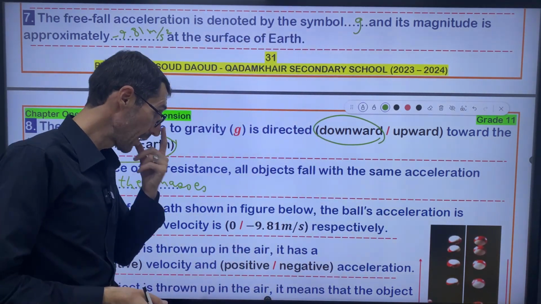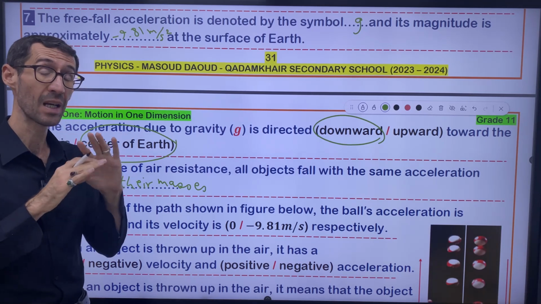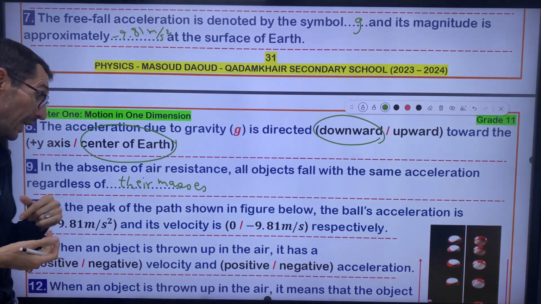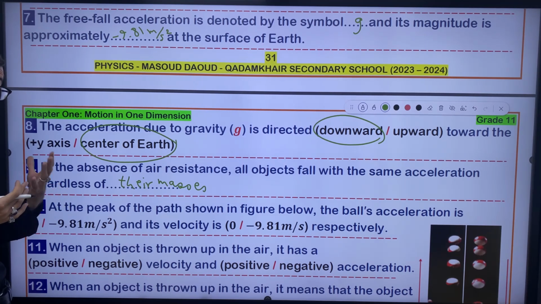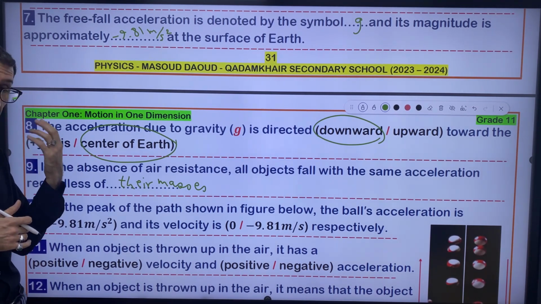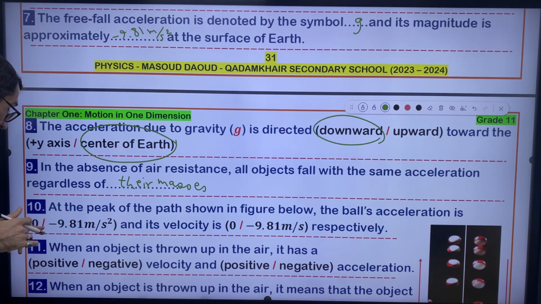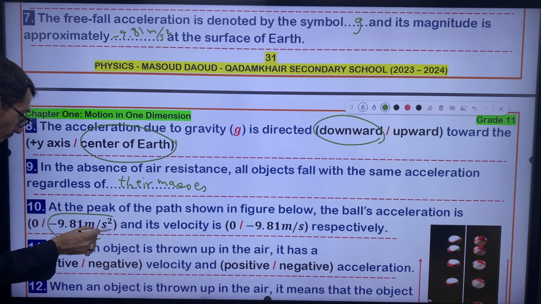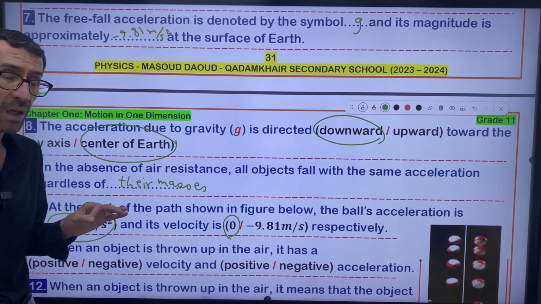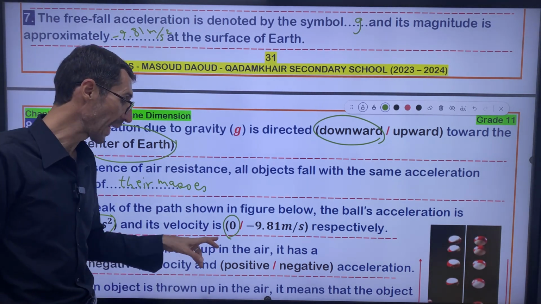So don't confuse it. Acceleration of free fall does not become zero, but velocity becomes zero. That's why acceleration is negative 9.81 meters per second squared, but velocity is equal to zero at the peak of the track.